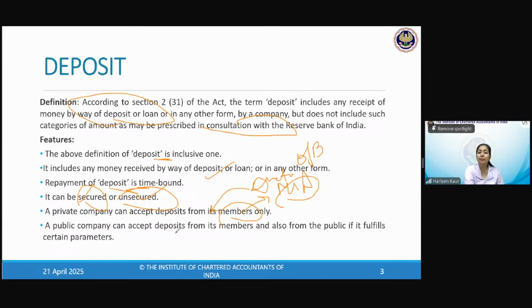But can a public company accept the deposits from members and also from the public? Yes or no? Can a public company go out to the public and accept the deposits? Everybody has said yes, ma'am. But here in this chapter, the yes is with a twist. So a private company can accept the deposits only from members. Fair enough. A public company is again divided into two categories. One is an eligible public company, whose definition we are going to understand today, and the other is a public company.